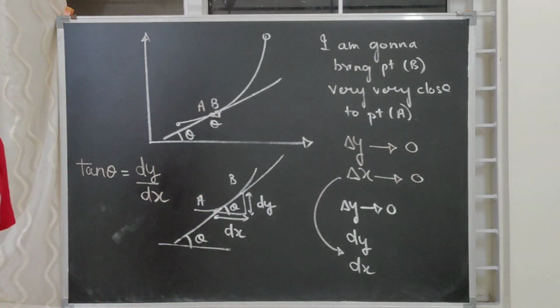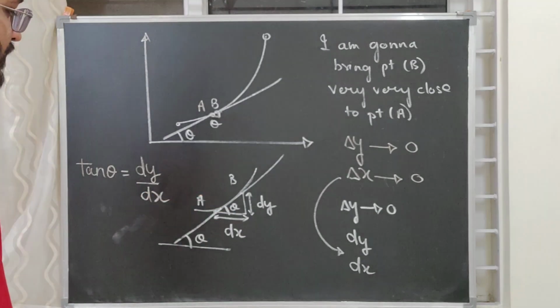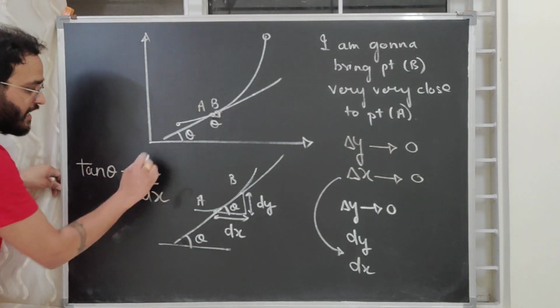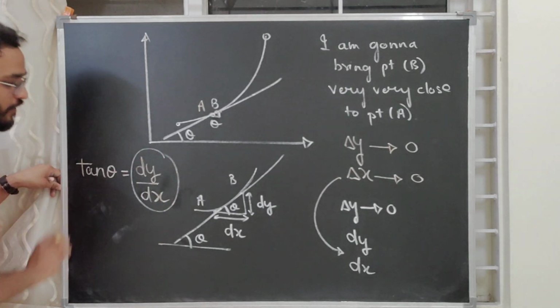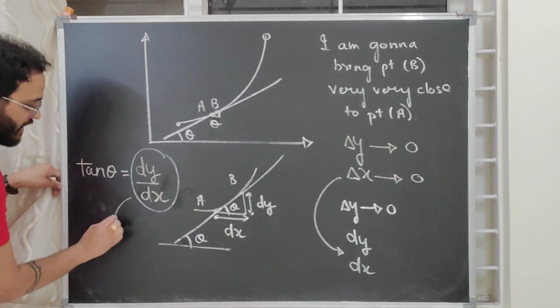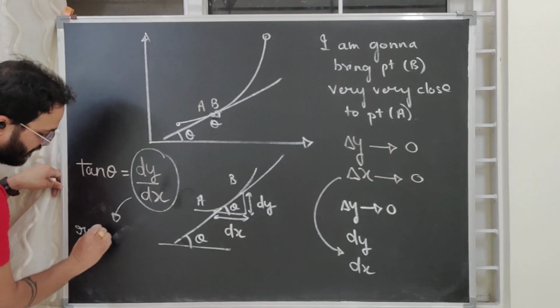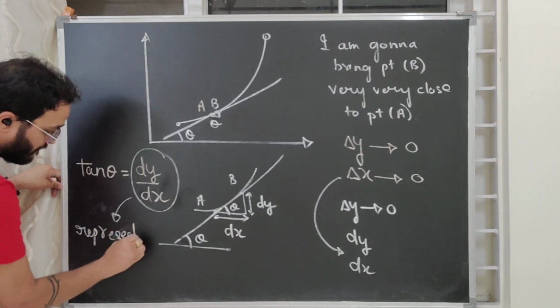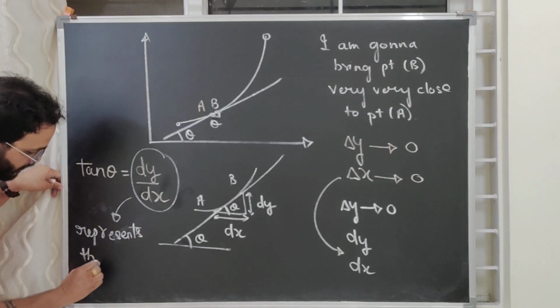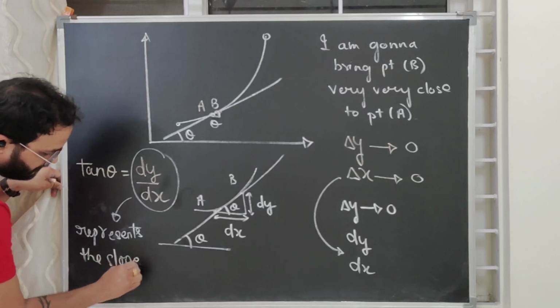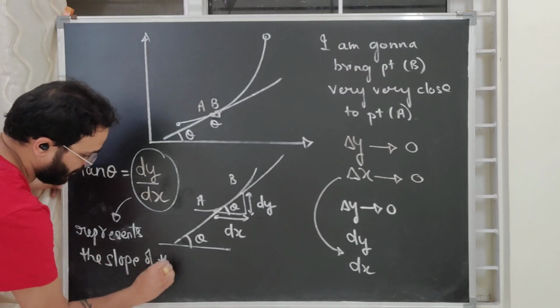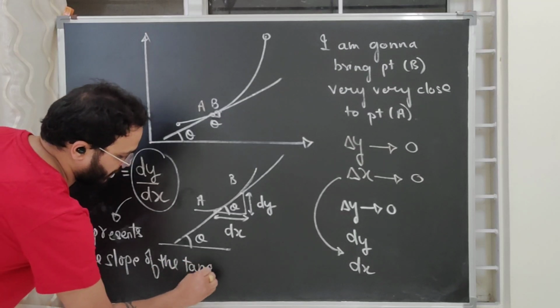This is nothing but a tangent at point A, and through dy by dx I am getting the slope of this tangent. So dy by dx represents the slope of the tangent at point A.